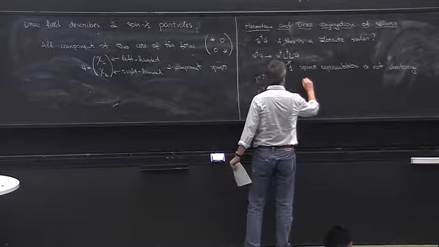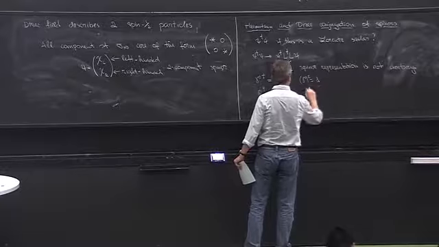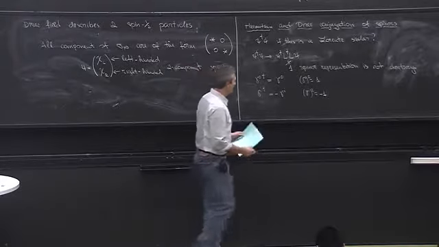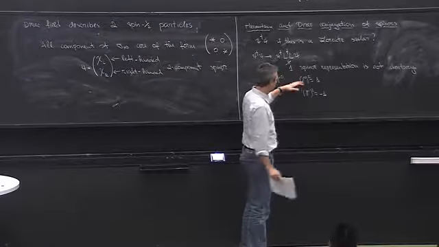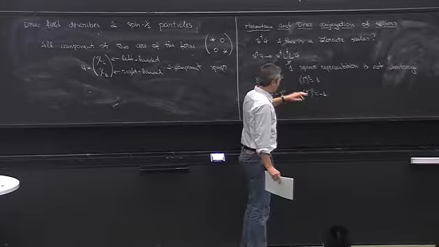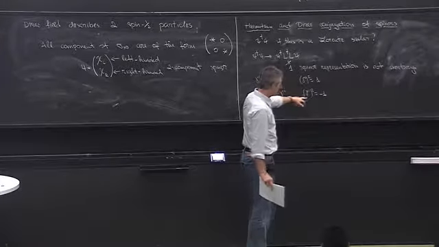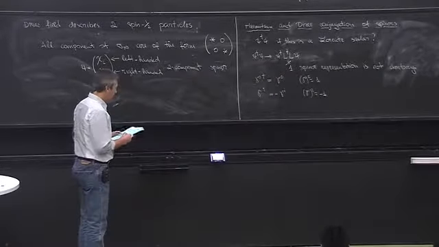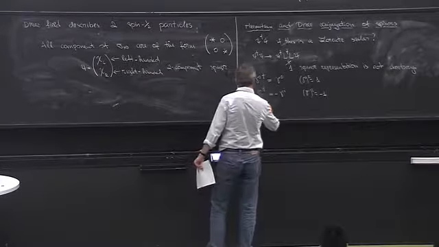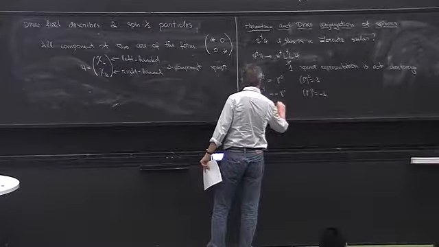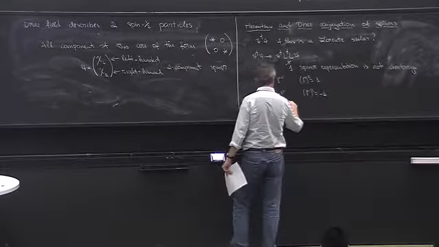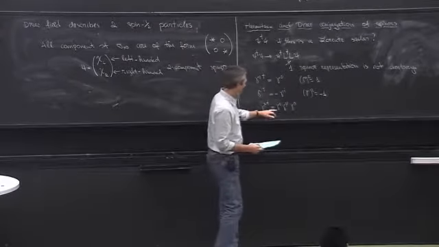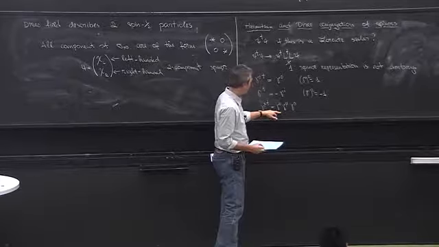Because gamma 0 squares to +1 and gamma i squares to -1. And of course, a Hermitian matrix naturally would square to 1, but if a matrix squares to -1, it better be anti-Hermitian, right? So these two equations can be written in a unified way: the Hermitian conjugation is the same as multiplication by gamma 0 from the left and from the right.